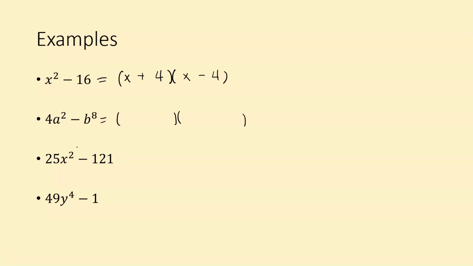Square root of 4a squared. So we have to think about what is the square root of 4 and what is the square root of a squared. So that would be 2a. And the square root of b to the 8th power. So that would be b to the 4th power.